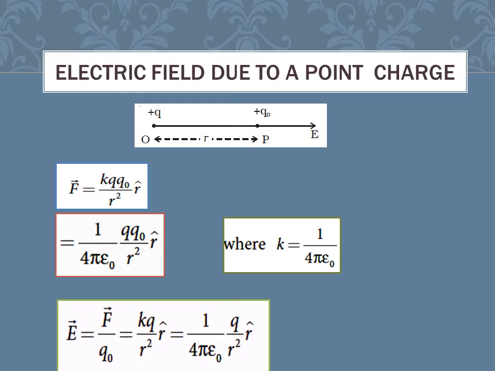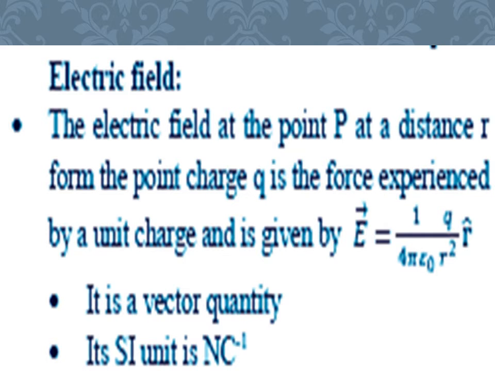Now we need to calculate the electric field. Electric field is nothing but the force experienced per unit charge. So it is going to be equal to F by Q naught. Q naught gets cancelled, and so you get K Q by R squared, where K is equal to 1 by 4 pi epsilon naught, into R unit vector. So from this you get the definition of electric field.